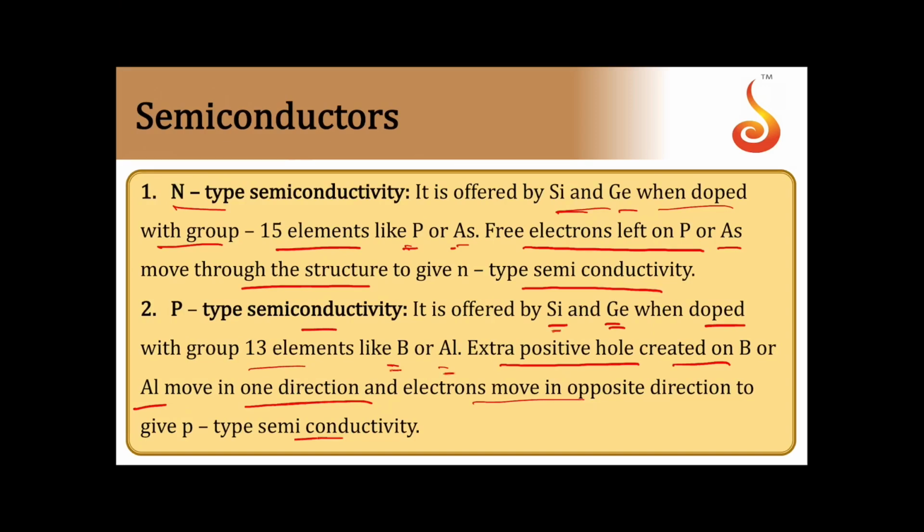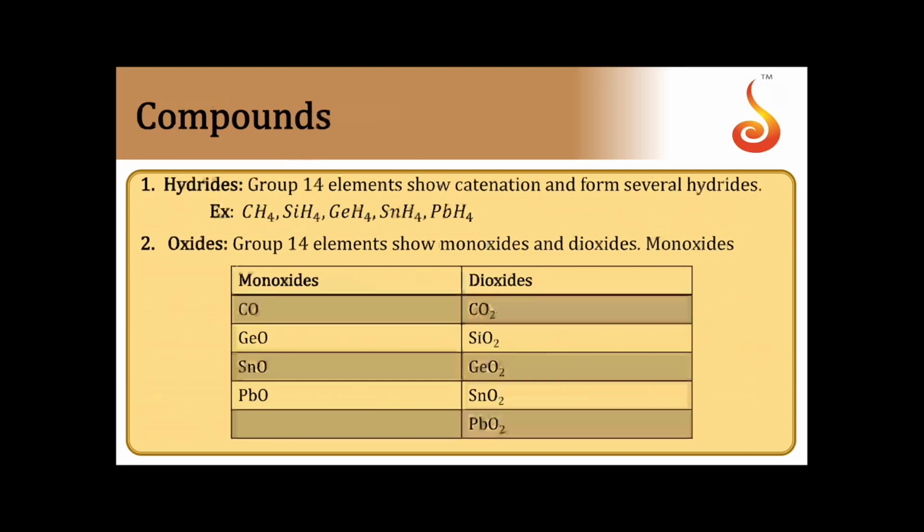This gives p-type semiconductivity. Then comes the compounds of 14th group elements.